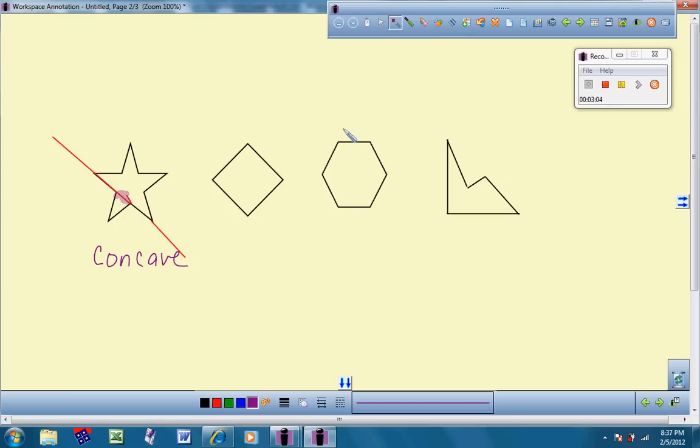Alright, if we take a look at the square here, if I extend all my sides, you can see that none of these extensions go inside of my polygon. So this figure is considered to be convex. Okay, figure 3, same thing. What happens if I extend all my sides?